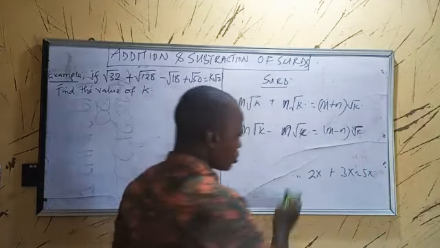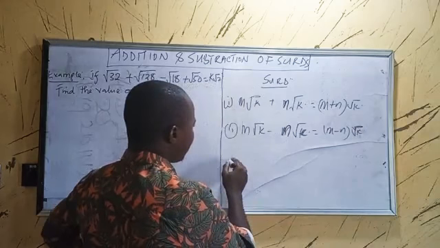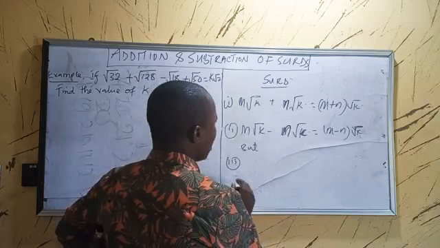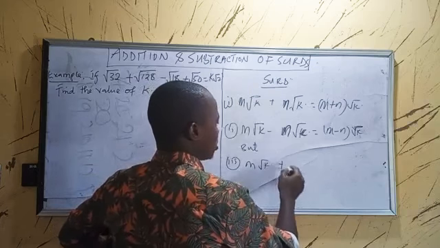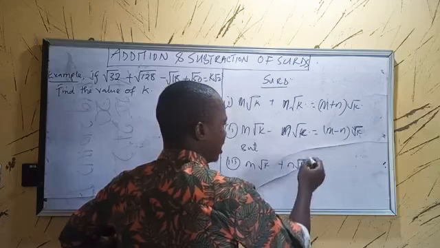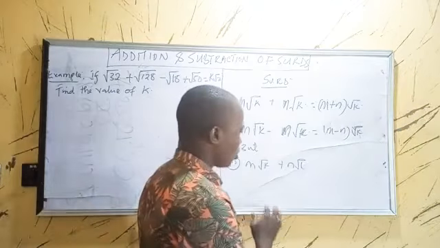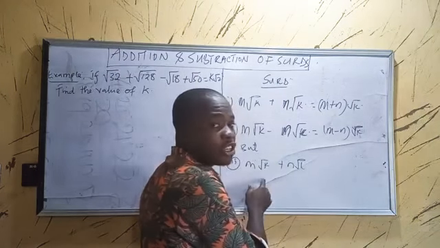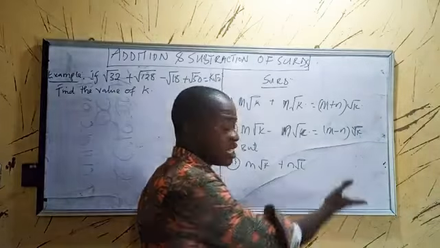But here this cannot be. Let's say we have m root k plus n root n. Understand? Therefore we cannot add this together, because what we have under the square root in the first term is different from the one we have in the second term.